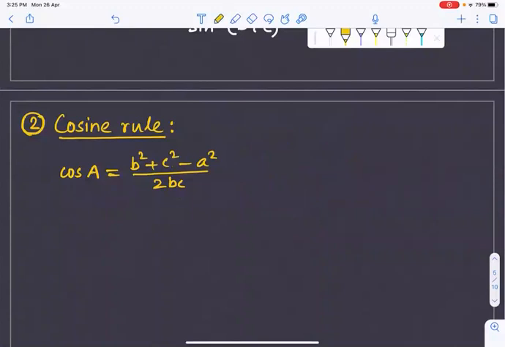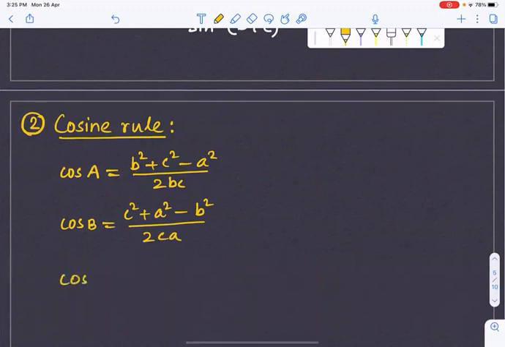Okay, similarly, we have another formula, that is cos B is equal to c square plus a square minus b square divided by 2ca. And the other one is cos C, that is a square plus b square minus c square divided by 2ab.